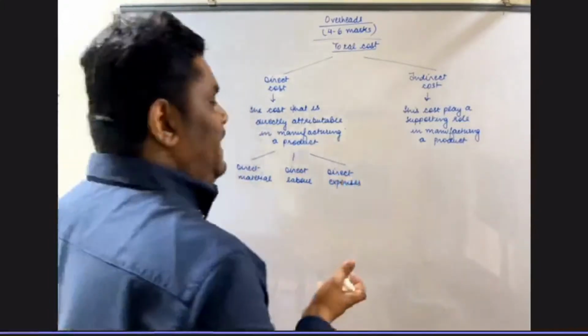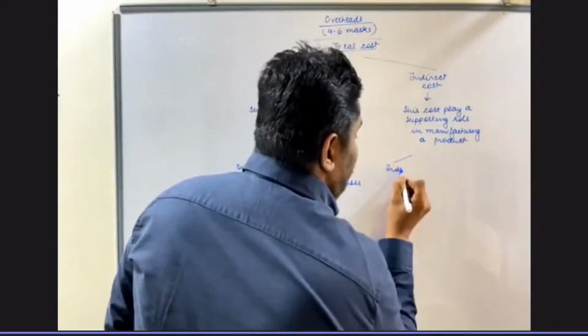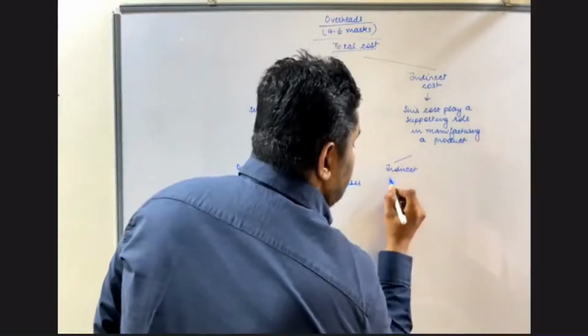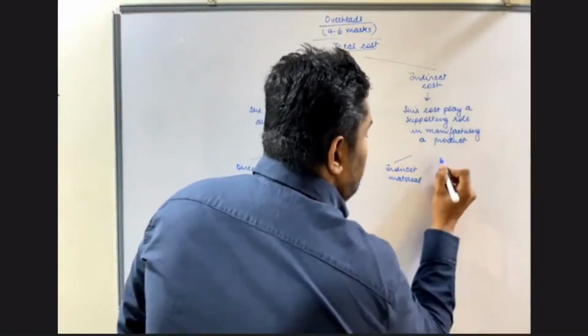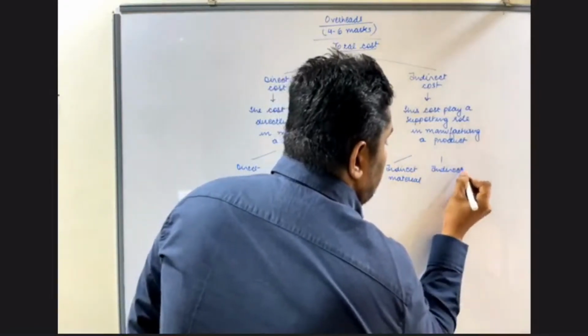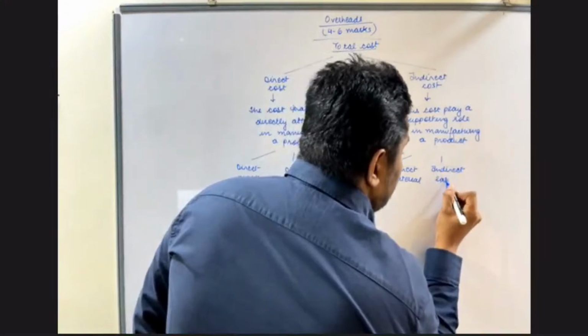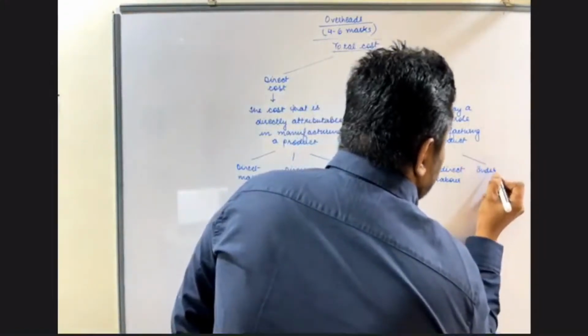When talking about indirect cost also, it can be indirect material, indirect labor, and indirect expenses.